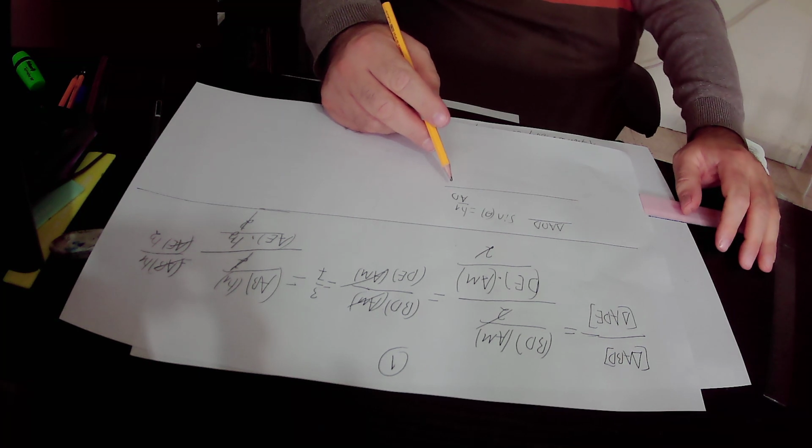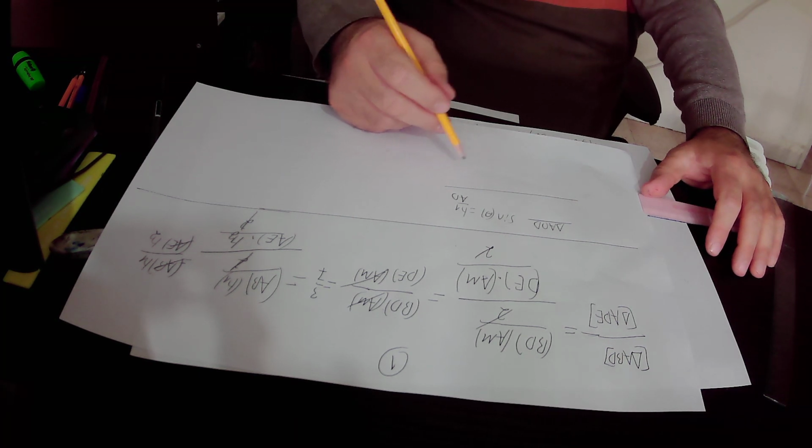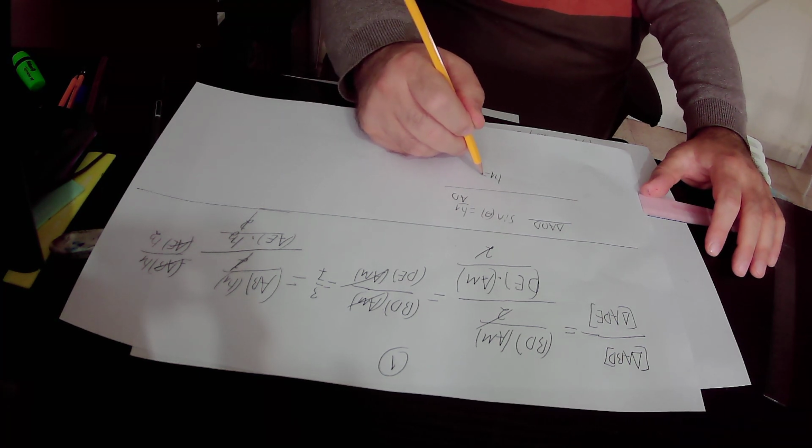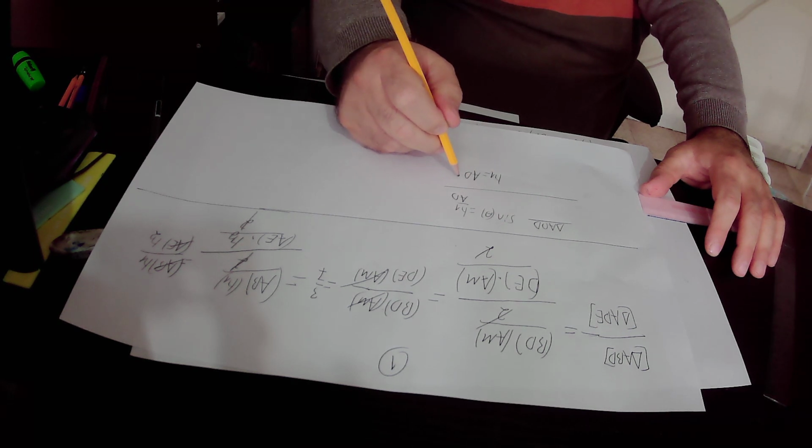We multiply this equation by AD and we get that H1 equals AD times sine theta.